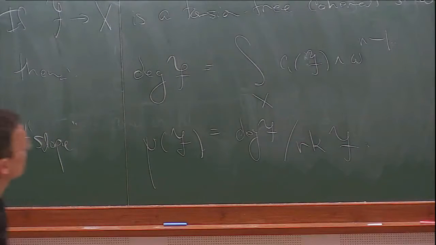And so then stability has to do with the slopes of subsheaves of the Higgs bundle.